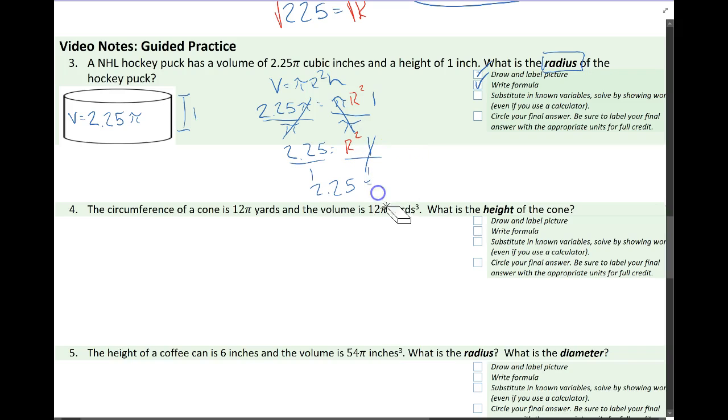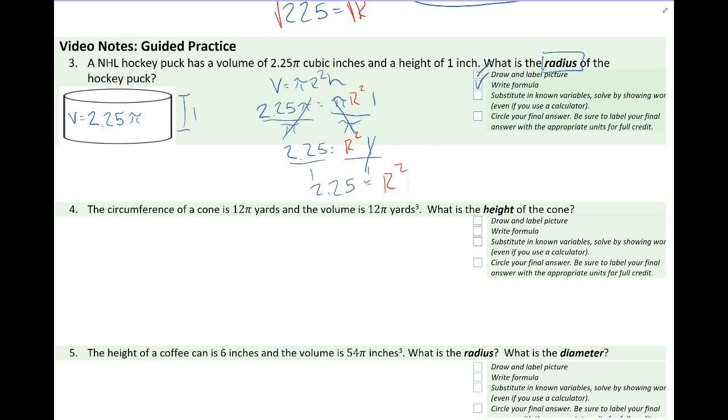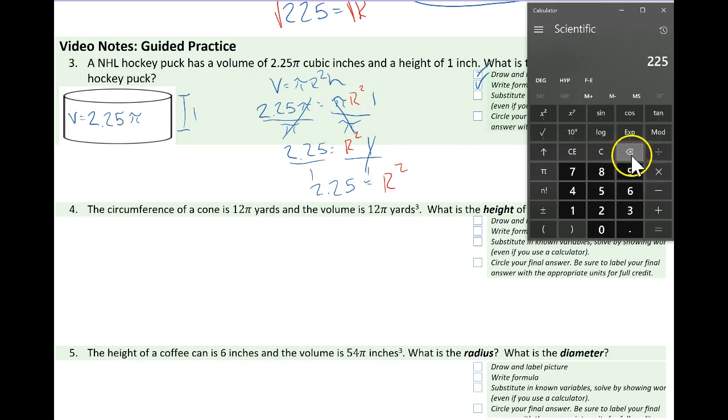Then I'm going to go back to my calculator, r squared. I know that this is 1.5, but I just want to check and show you also. So 2.25 square rooted, I can use this symbol to square root. Again, I don't want r squared, I just want r. So I'm going to square root both sides.